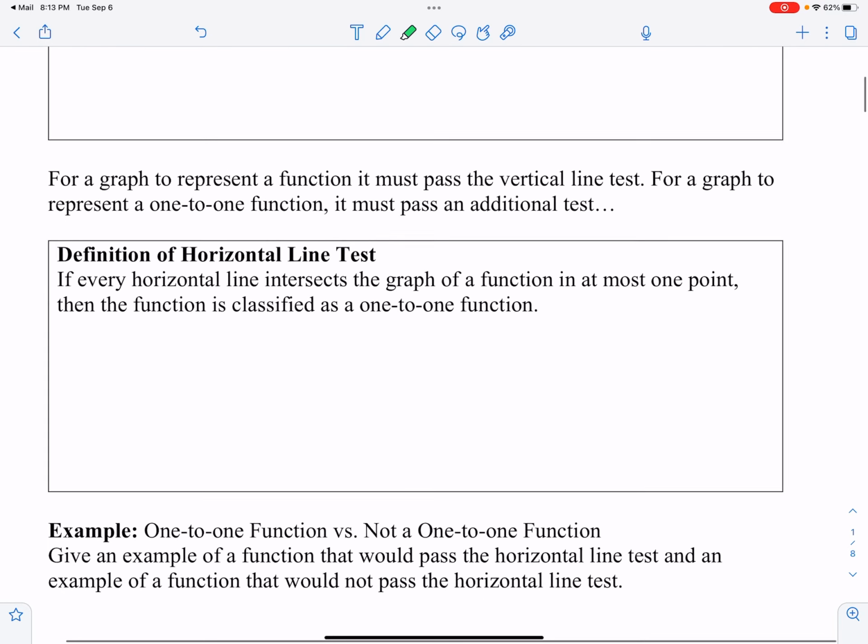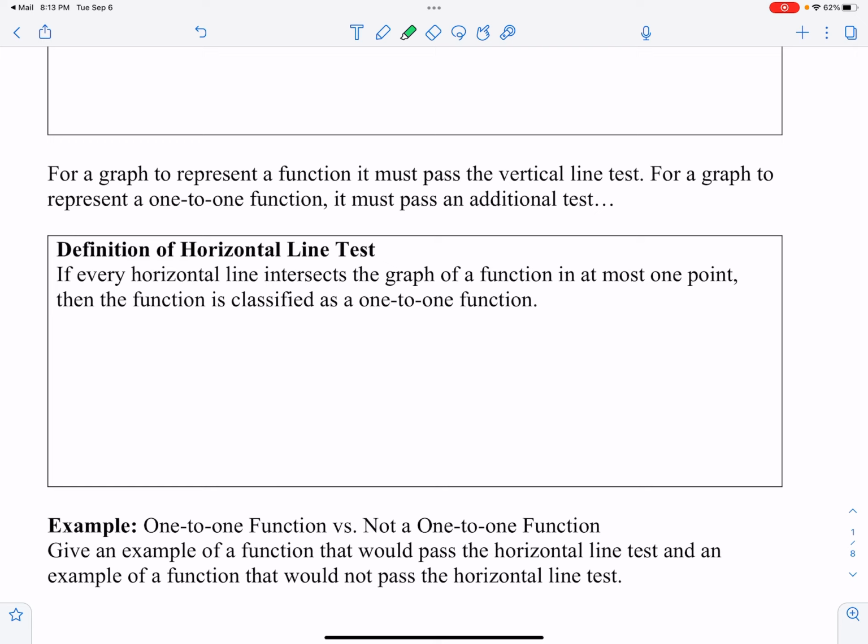For a graph to represent a function, it has to pass the vertical line test, and that falls back on the definition of a function. For a graph to represent a one-to-one function, it has to pass what we call the horizontal line test. And the horizontal line test just also falls back on the definition of a one-to-one function.